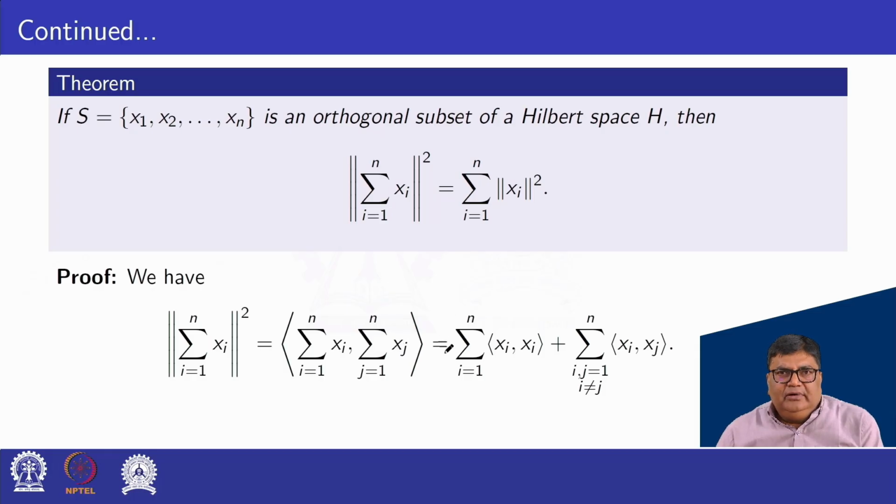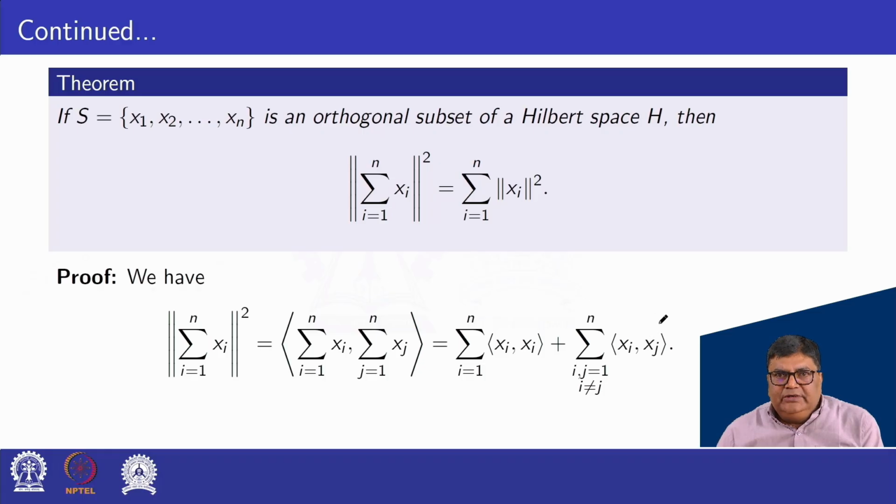Okay. So if we expand this up to n times, this is also up to n times. So we can write the first term as the like terms: summation i is equal to 1 to n inner product of xi, xi. Okay. And another term we can write, where xi and xj are different, that is plus summation i, j is equal to 1 to n inner product of xi, xj, where i is not equal to j.